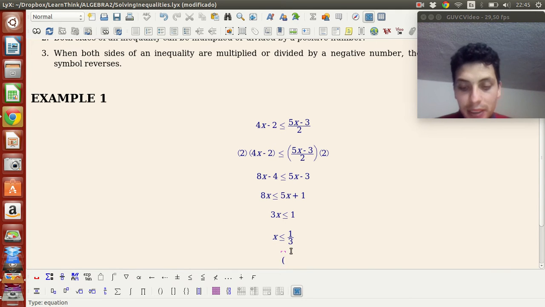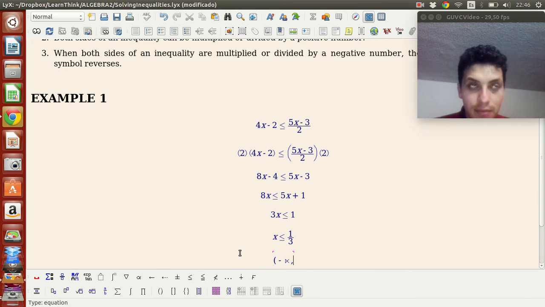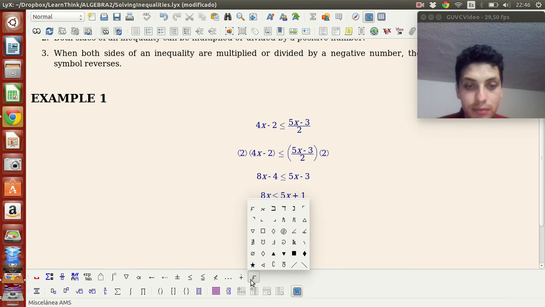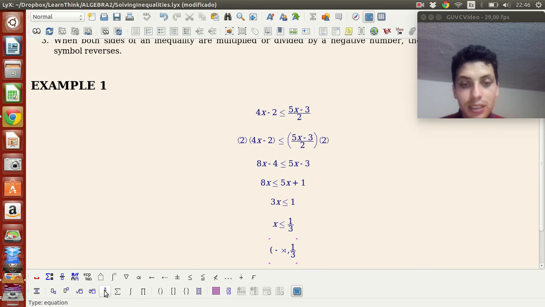So open interval, minus infinity, and 1/3. This is using sets.